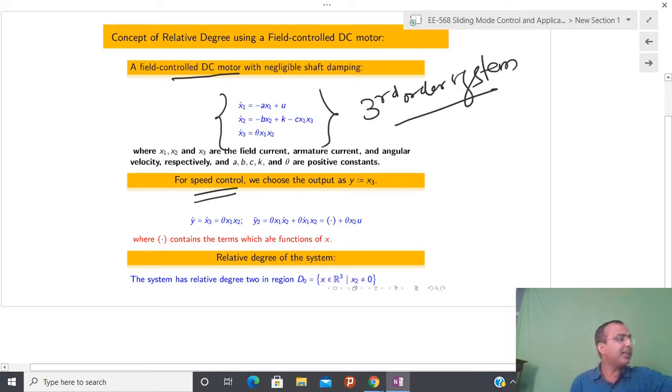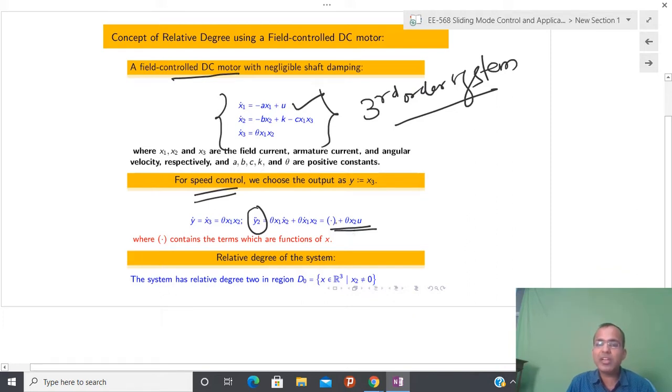After differentiating two times, I have theta x1 x2 dot, theta x1 dot into x2, and x1 dot, you can see here I have minus a x1 plus u. So basically control is now explicitly going to appear on the second derivative. Okay, anyone has confusion up to here?